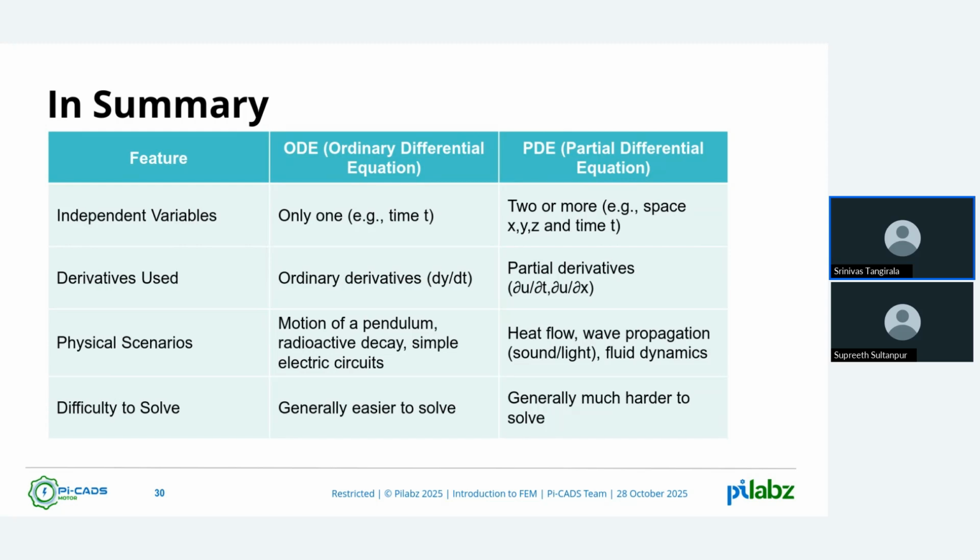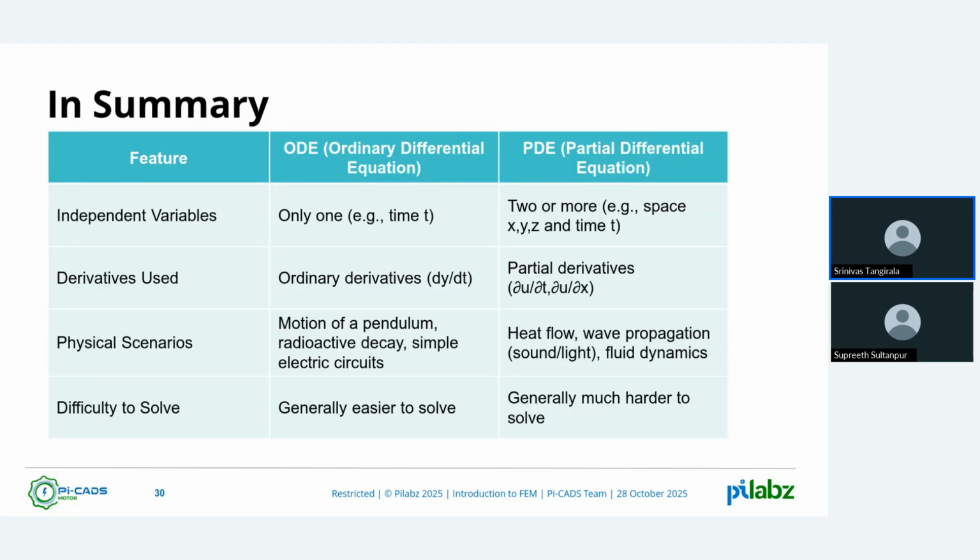And for partial differential equations, invariably you have space in x, y, z, the three-dimensional space, and time. So if you have to deal with two or more independent variables, then you have to go with the partial differential equation.